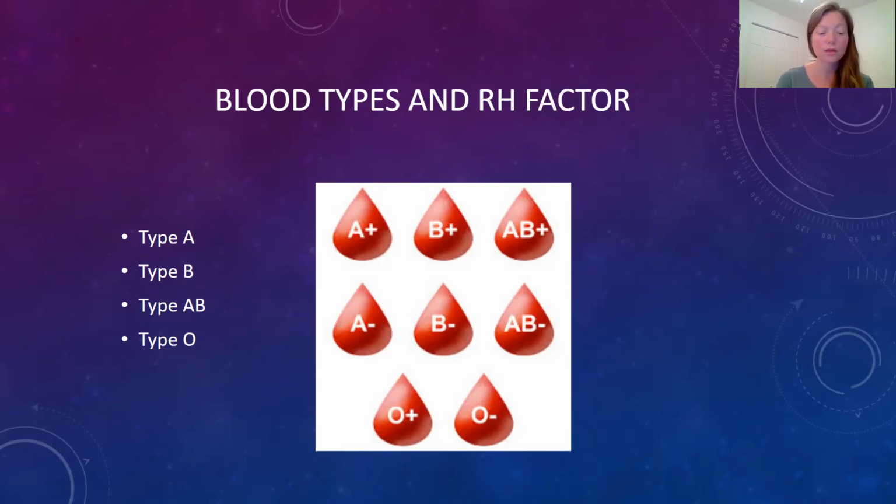Type O have neither antigen A nor B on the surface of their red blood cells, and they're often called the universal donors because their red blood cells can be given to most people regardless of the recipient's blood type.